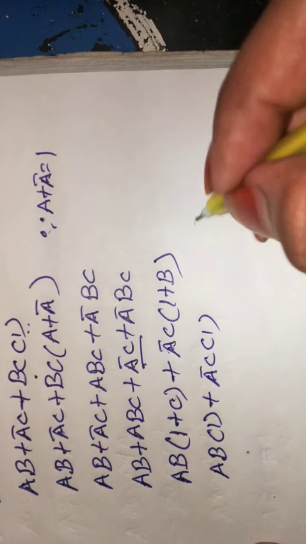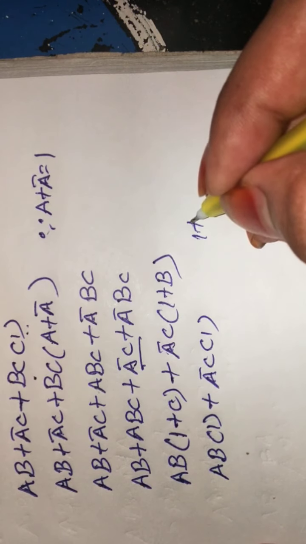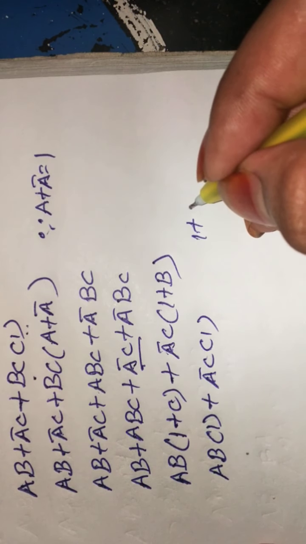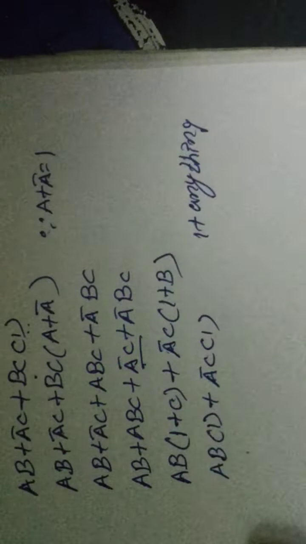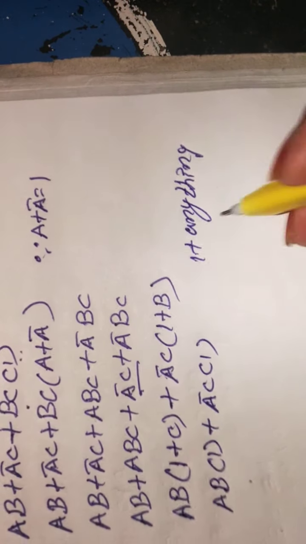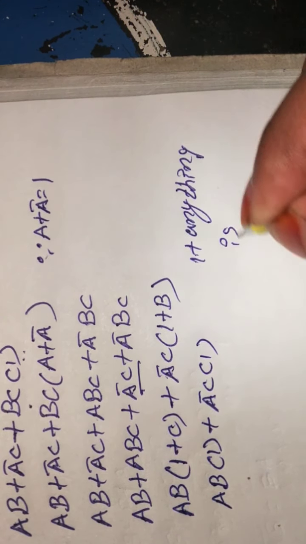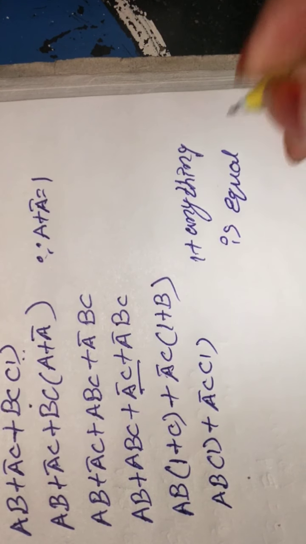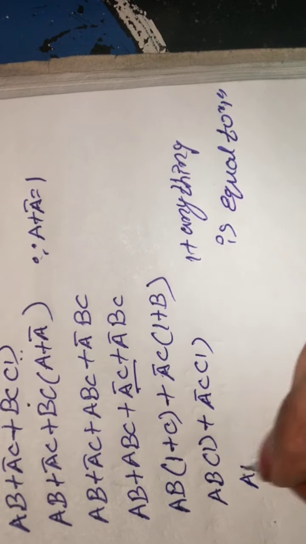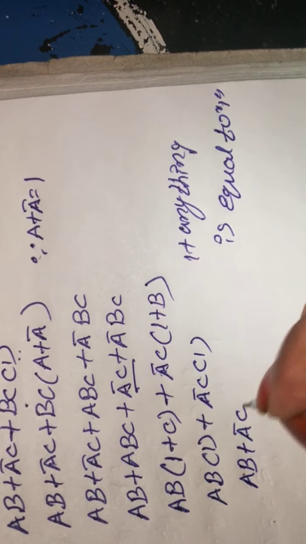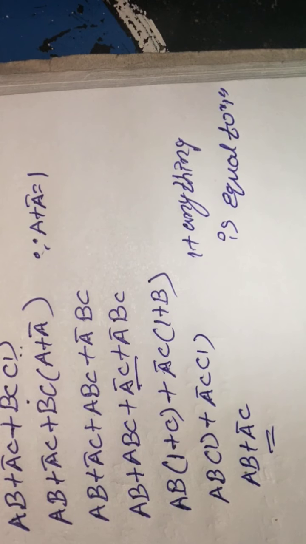Here 1 plus anything is equal to 1. So AB plus A bar C, hence proved. This is called the transposition property. Thank you.